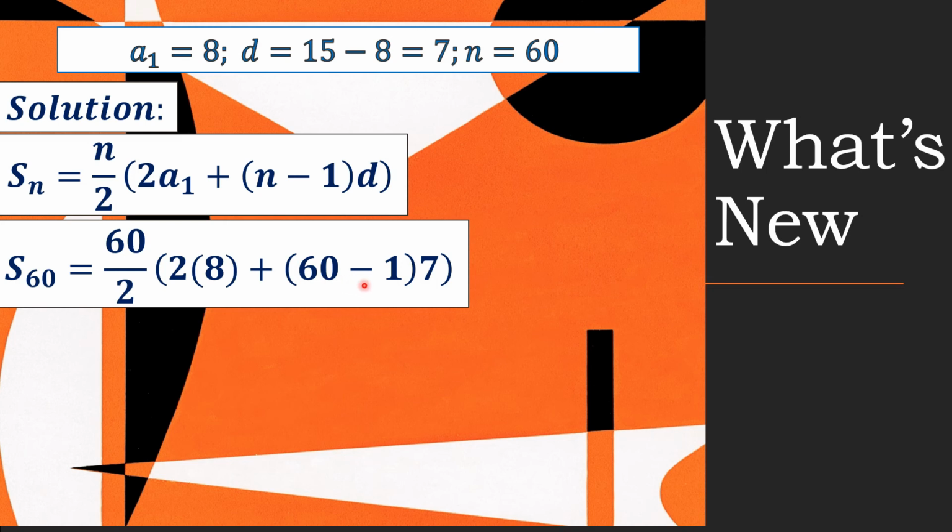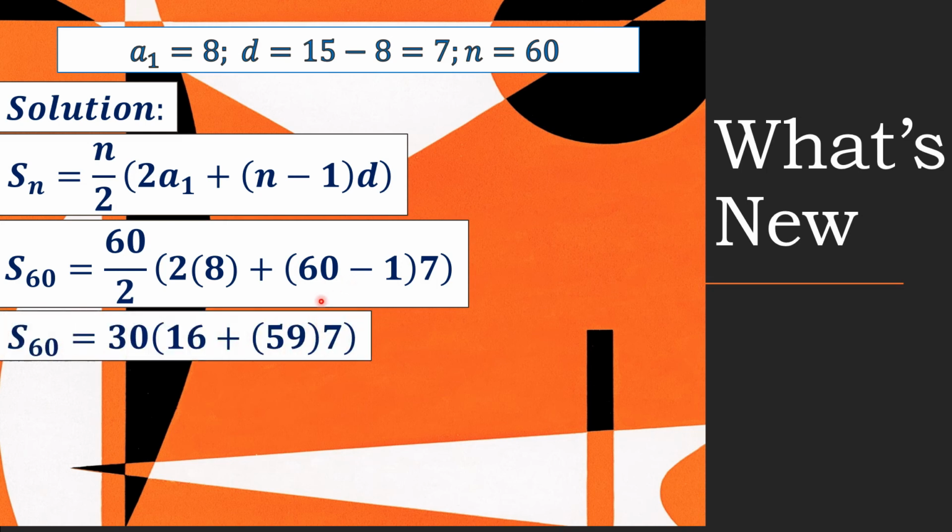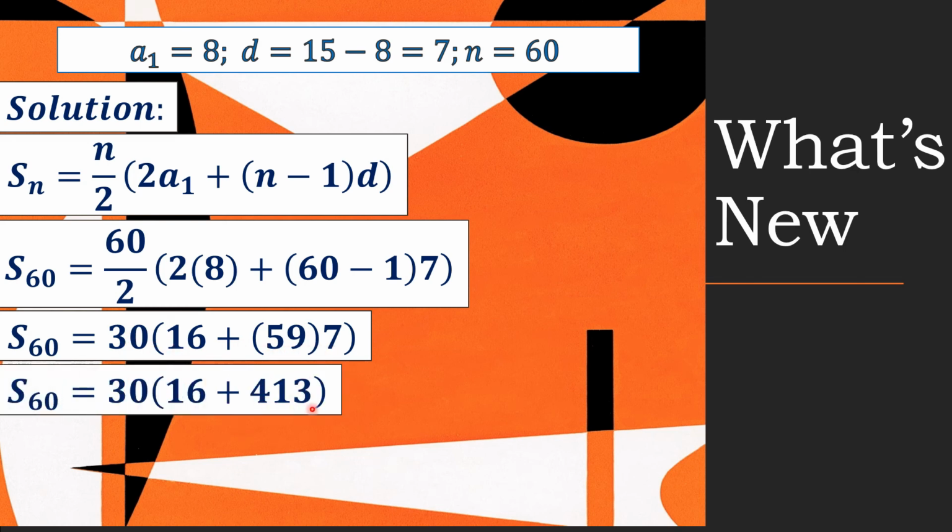So, 60 minus 1 is 59. 2 times 8 is 16. And 60 divided by 2 is 30. Then next, 59 times 7, that is equal to 413. And then 413 plus 16, that is equal to 429.